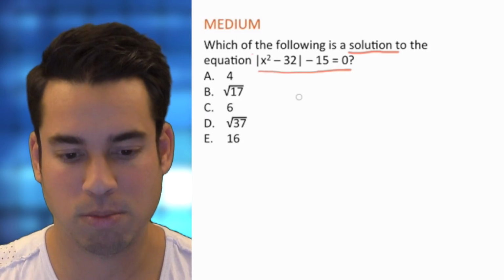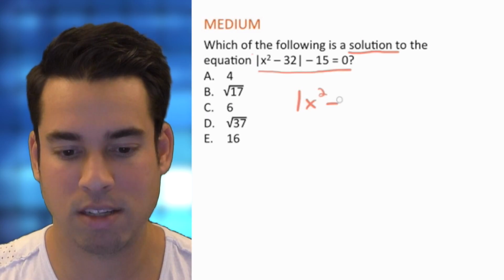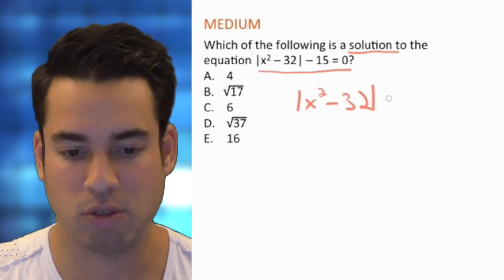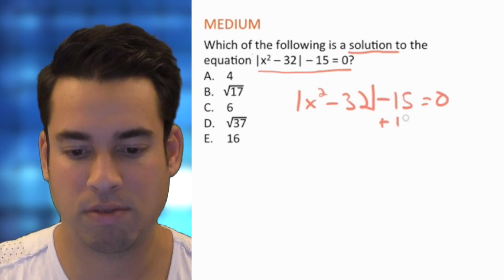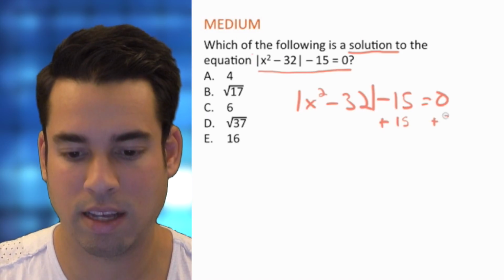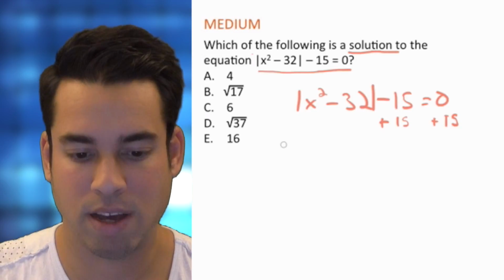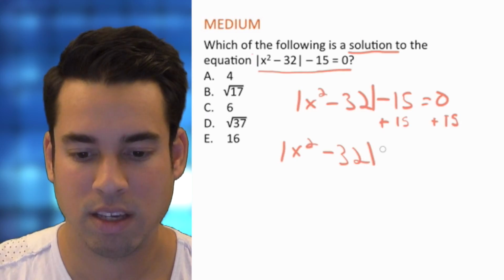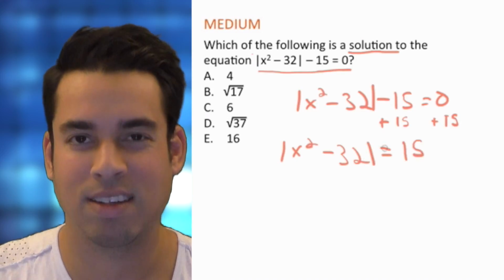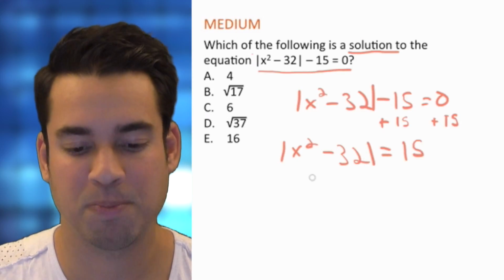So first things first, let me write this out as |x squared minus 32| minus 15 equals 0. Let's get the 15 out of there so we can isolate our absolute value, and we have |x squared minus 32| equals 15. Now we can split this up.